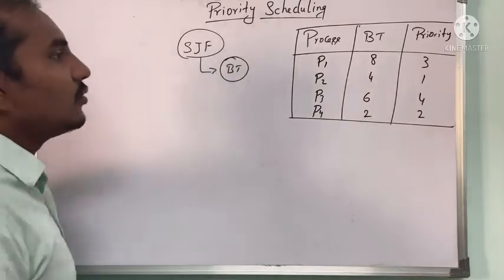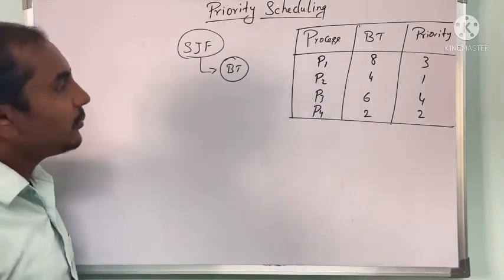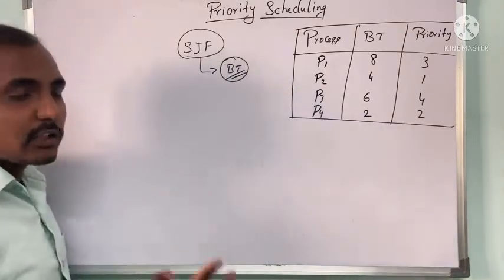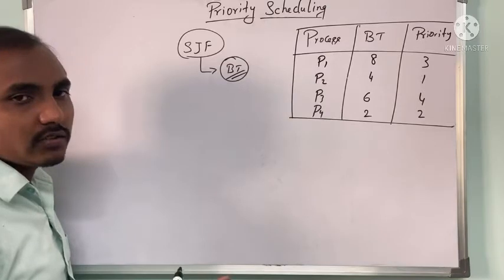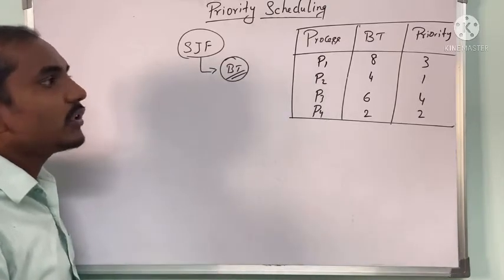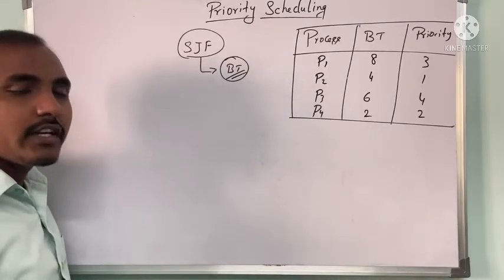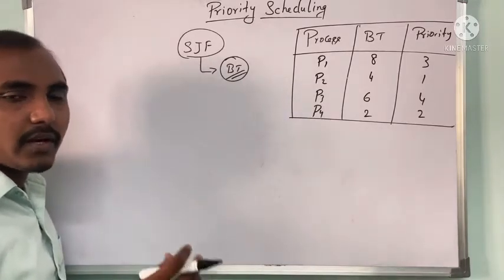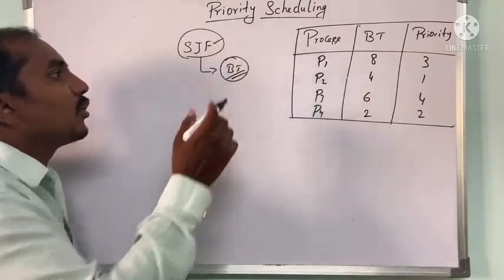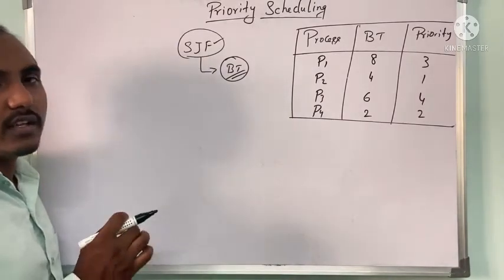For every process that arrives, it needs to identify the burst time and compare the shortest burst time each and every time. Whenever a new process arrives, it identifies the shortest burst time, so that we can execute the shortest job first in this algorithm called SJF.